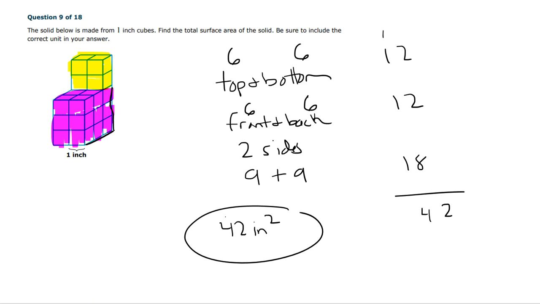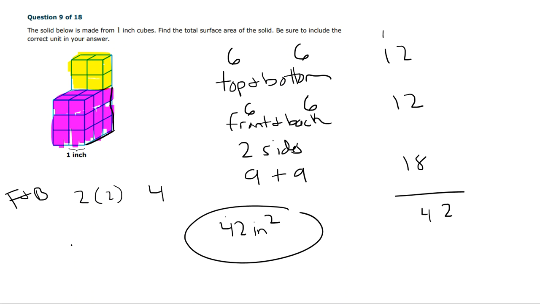So when we find the surface area for the yellow, okay, we can see that the front and back, this is a 2 by 2, okay? So the surface area for the front and back of the yellow is 4. Okay, so that is for the front and back.